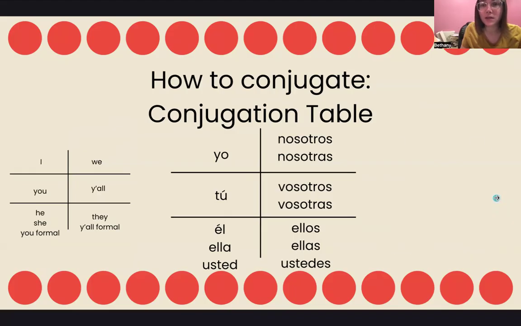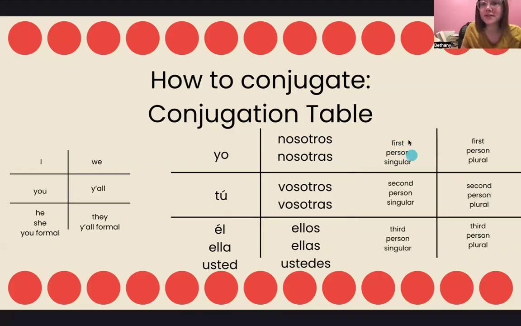These can also be known as first person singular, so it's a singular person in the first person. Second person singular, you, is a second person pronoun and it is a singular verb because it's one person. Él, ella, usted is third person singular because it's one person and a singular form.